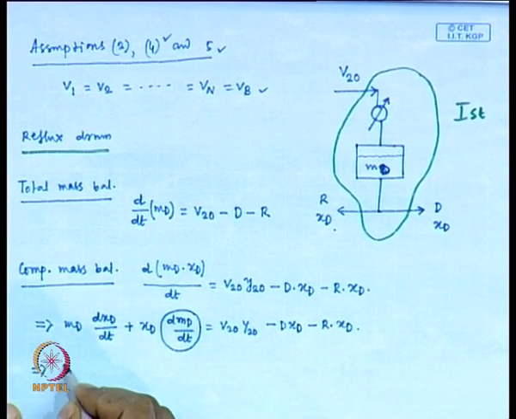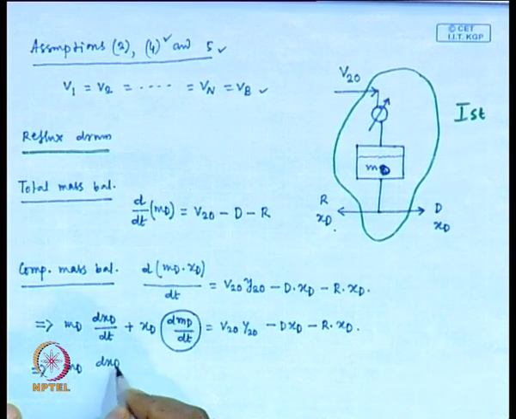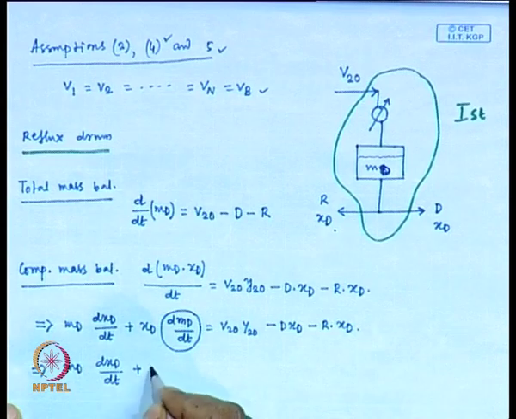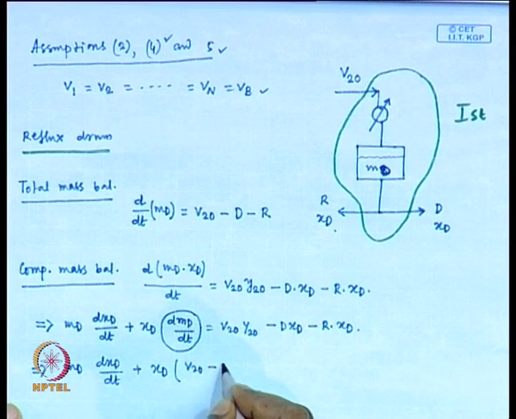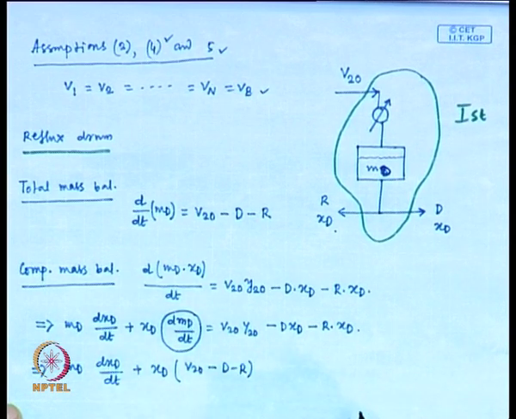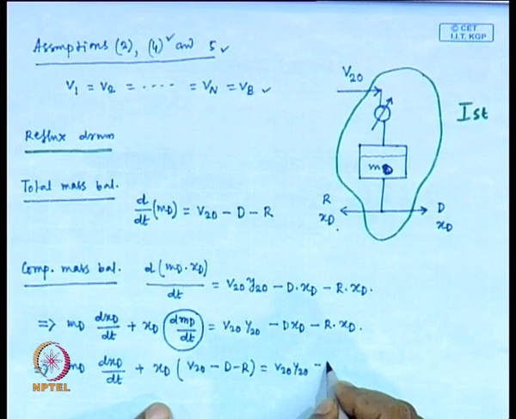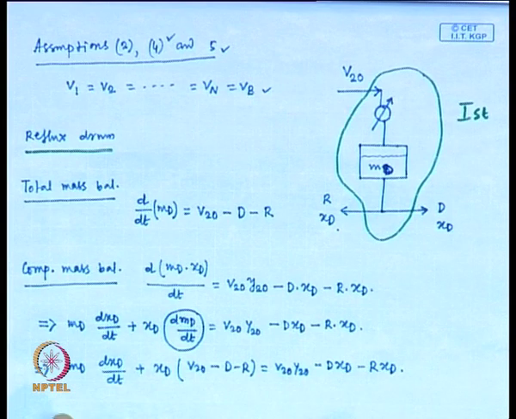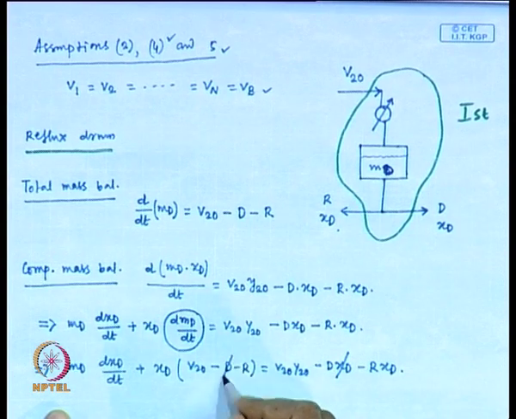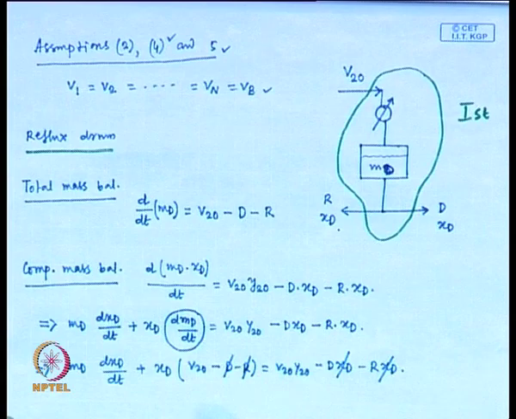So, MD dxD/dt plus xD times, what is dMD/dt? That is V20 minus D minus R, equal to V20 Y20 minus D xD minus R xD. So, this D xD will be cancelled. Similarly, this R xD and R xD.